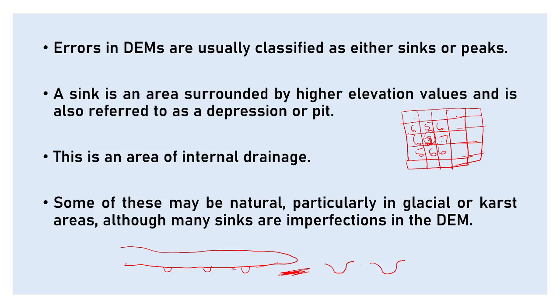But another thing to keep in mind is that unless the region is glacial or karst, and it's a completely normal kind of location, then any sink present could be an imperfection in the DEM that was generated. These are a few exceptions, but most of the time the sinks you see would be imperfections in the digital elevation model. So that needs to be filled before preparing the surface hydrologic model.